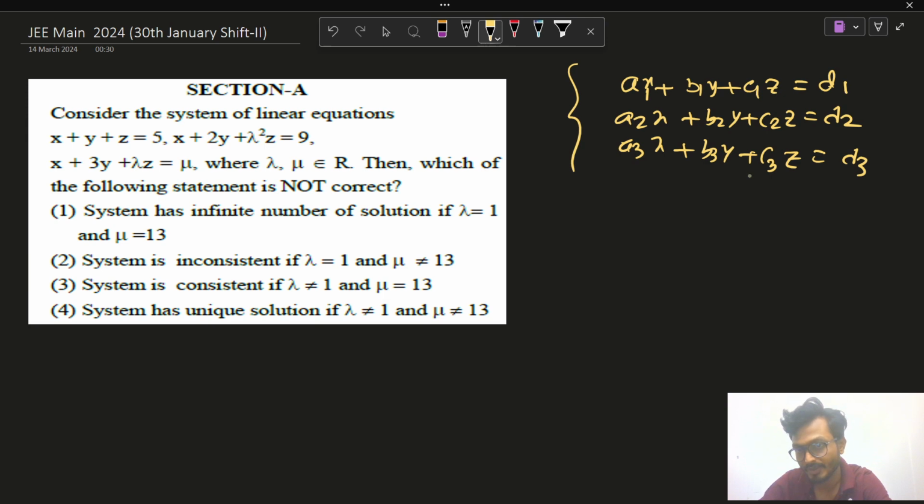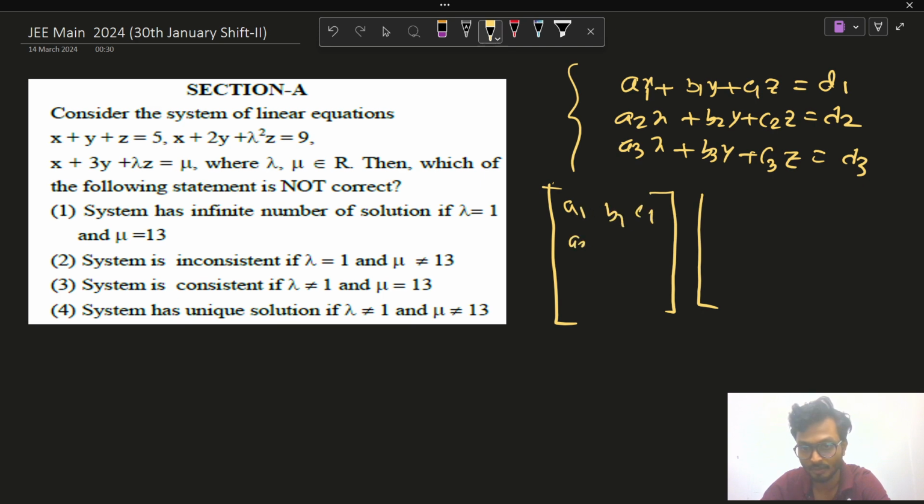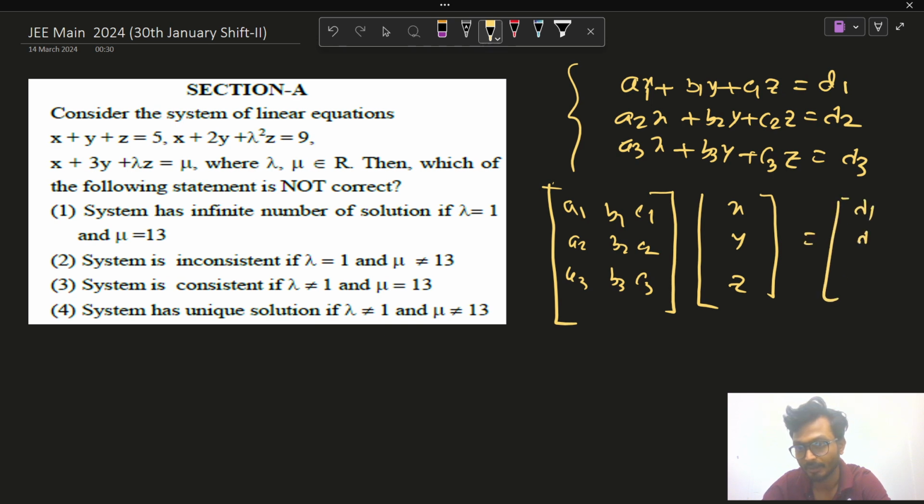Now to solve this system of equations, what do we do? This system can be written in matrix form. Suppose this is a1 b1 c1, then a2 b2 c2, and a3 b3 c3, and this is x y z, and this equals d1 d2 d3. So if you multiply, then we will get this system, right?